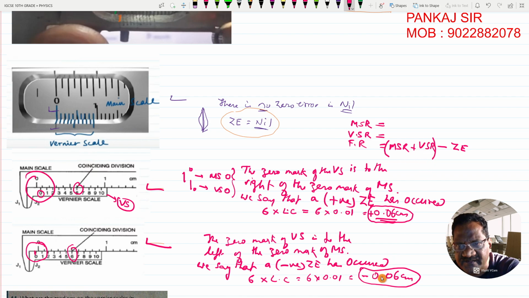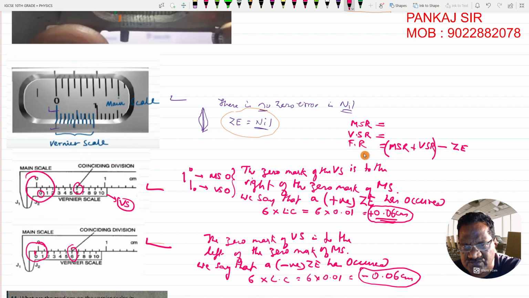But if the zero error is negative, then minus of minus will become plus, so you'll have to add the zero error to the sum of the MSR and VSR. When we do some numericals on this Vernier caliper, we will be doing this also, that is, using zero error.